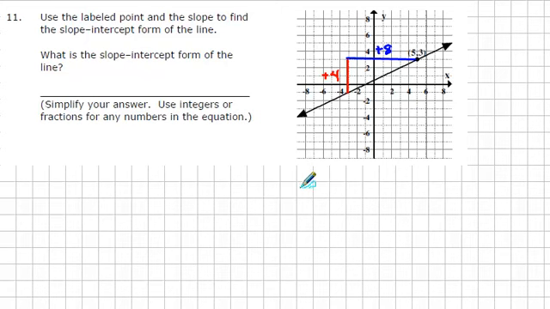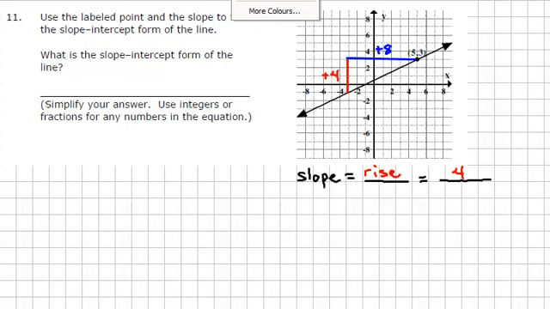Now what we recall is that slope is equal to rise divided by run. So let's start off with our rise. The slope is the rise divided by the run, and in this case the rise is equal to 4.